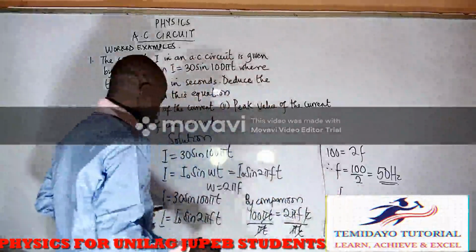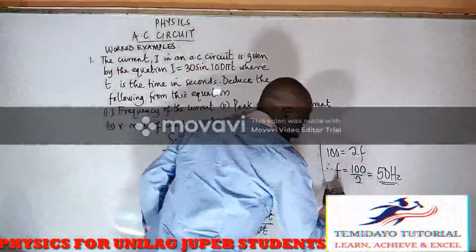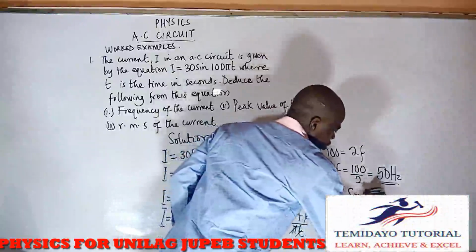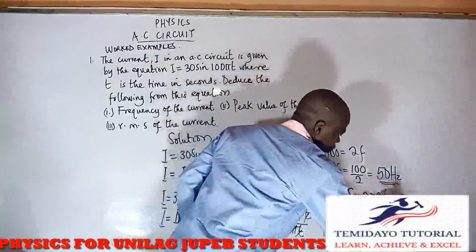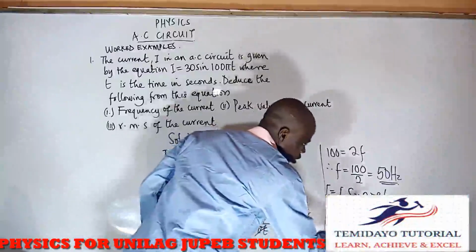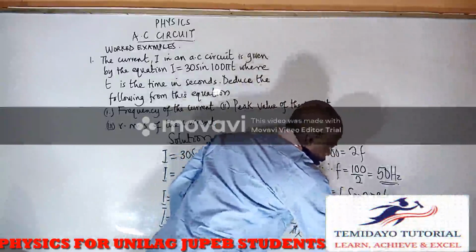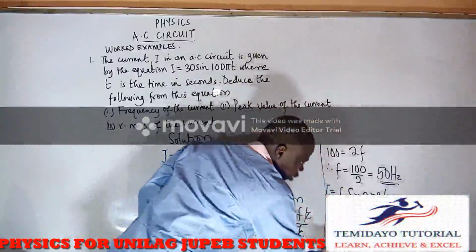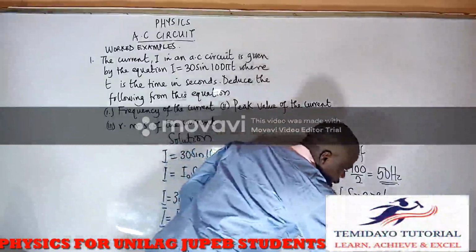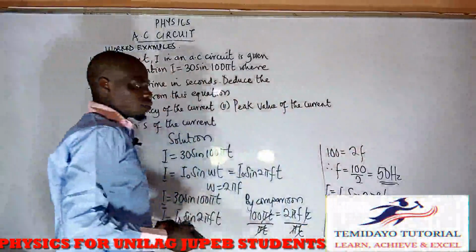By comparison, we have I equals I naught sine 2 pi f t, and from the question, I equals 30 sine 100 pi t. So our I naught is equal to 30 amperes. That is the peak current.